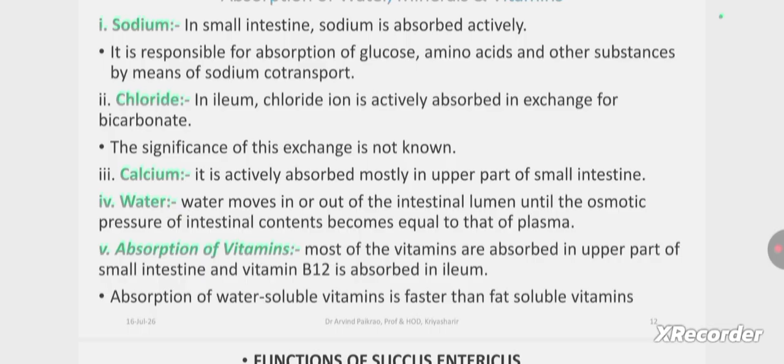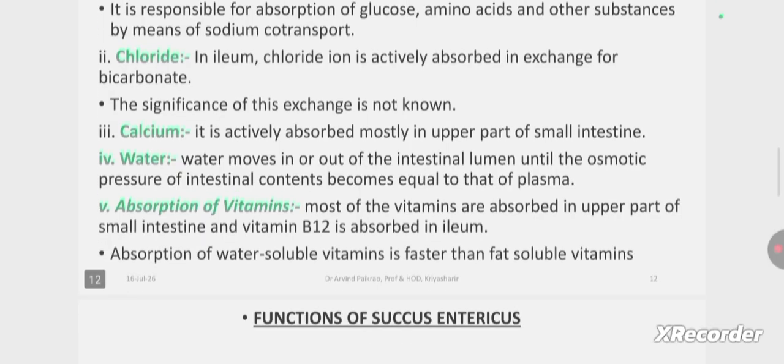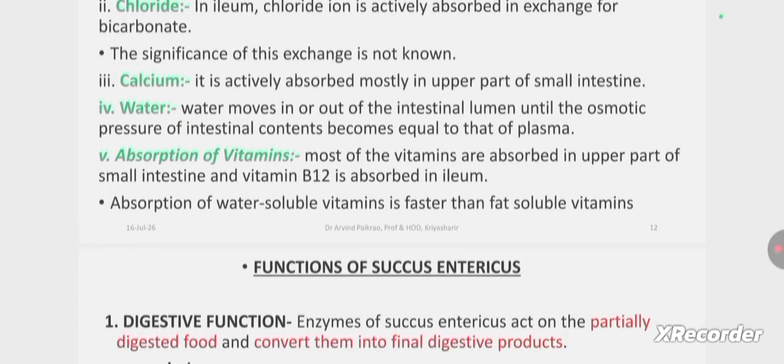This is very much important, that osmotic pressure will decide the absorption of water. If the osmotic pressure of the plasma falls, then water is absorbed until the plasma osmotic pressure equals the intestinal osmotic pressure.